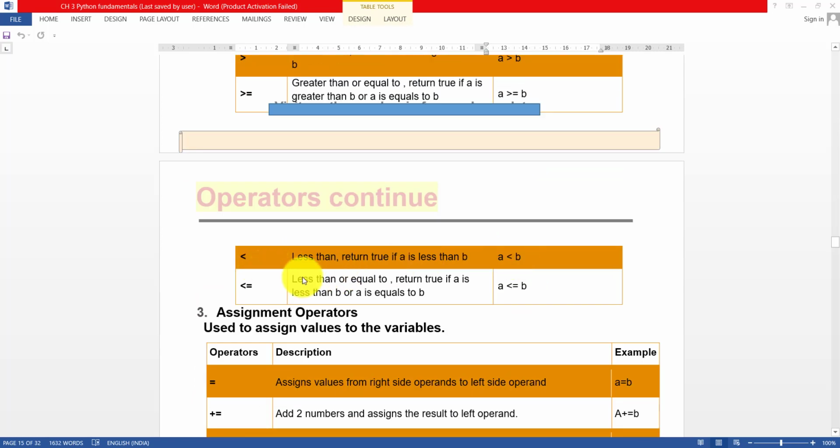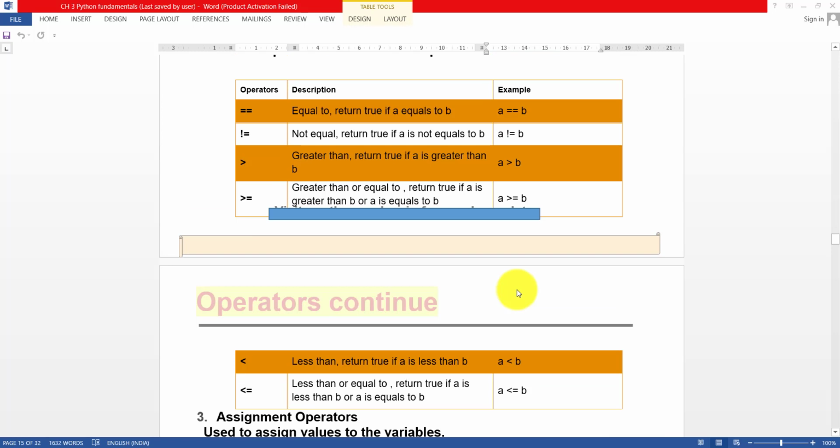Next, less than, returns true if A is less than B. Clear? Next, less than equal, returns true if A is less than B or A equals B. If the value of A is less than B, or if A is equivalent to B, it will return true, otherwise false.